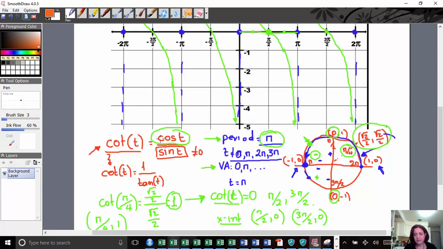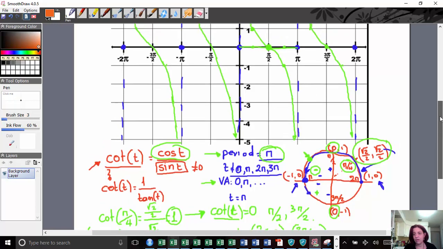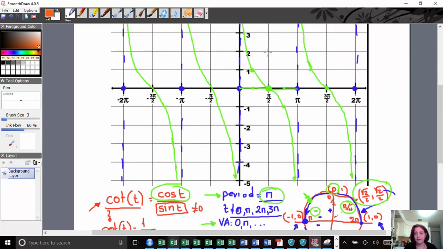The tangent has a period of pi again, but is going to have vertical asymptotes at the points where the cosine is equal to 0. And the cosine is equal to 0 at the points of pi/2, 3 pi/2, 5 pi/2, and so on. So at these points right here, you will have the vertical asymptotes of the tangent.